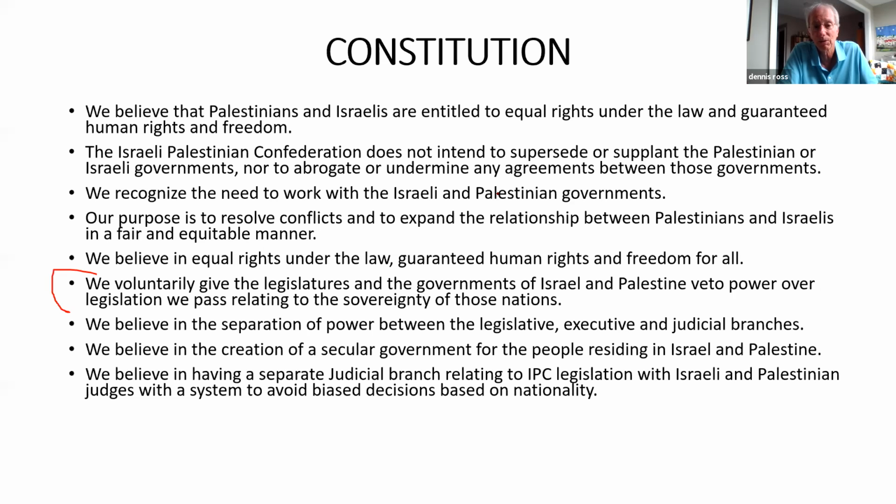As I look at this, probably the most realistic part of it is this notion that you're, in effect, not explicitly, but certainly implicitly, and maybe not so implicitly because of the language related to the sovereignty of the two nations, this really is based on a premise of two states for two peoples. Hence the reference to the word sovereignty of those nations.